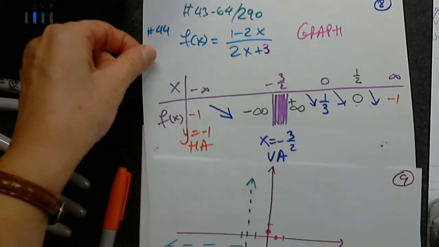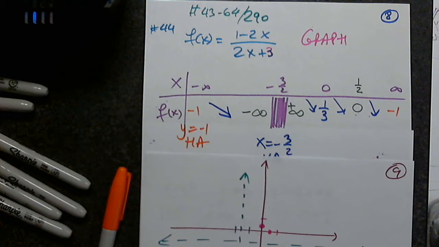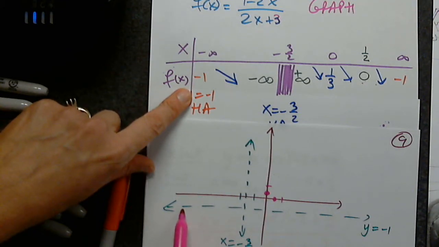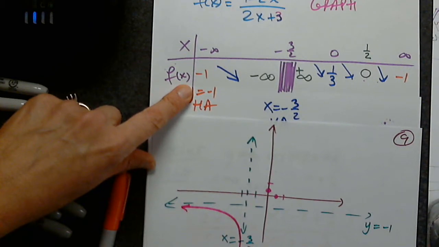One more time. Let's do it together. Do not be tempted to start above y equals negative 1. So from approaching negative 1, it comes down to negative infinity on the left-hand side of the vertical asymptote.